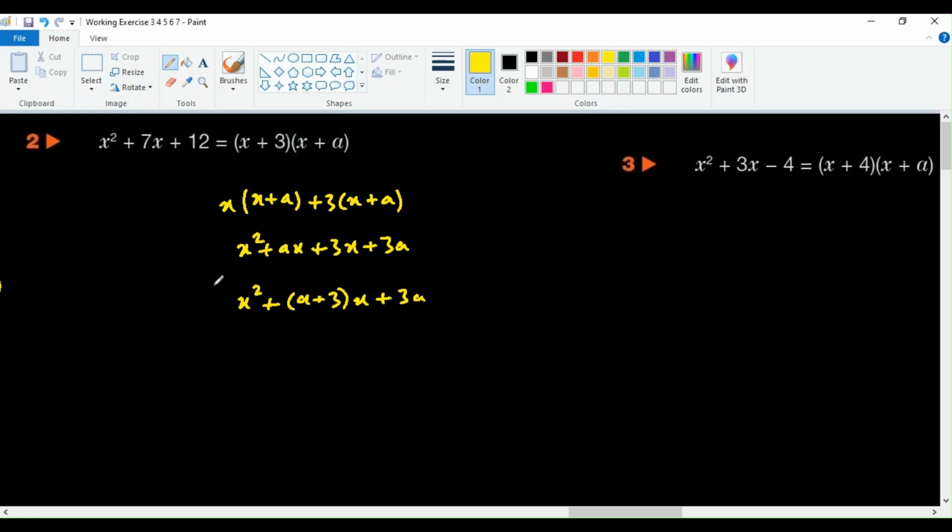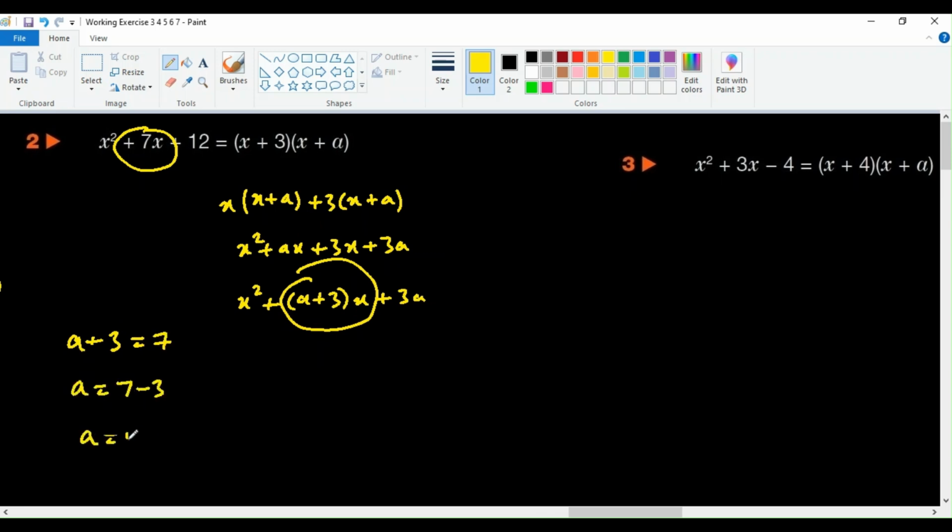Now as you can see, 7x is equal to this whole thing. So x and x is equal. So I will write a plus 3 equals 7. That means a equals 7 minus 3. So the value of a is going to be 4. Now there is another trick to get this done, the other way around.